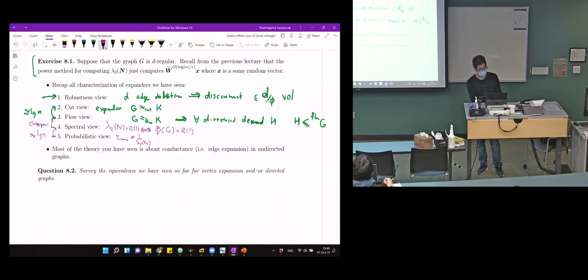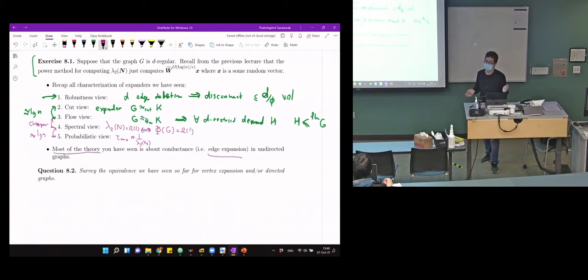But I want to make a point that most of the theory that you have seen is about conductance, which has relationship to lambda 2 and mixing time and so on. Conductance is about edge expansion, not vertex expansion. Although if the graph has constant degree, then edge expansion and vertex expansion are kind of equivalent up to constant factor, and everything would transfer to vertex expansion in that setting.